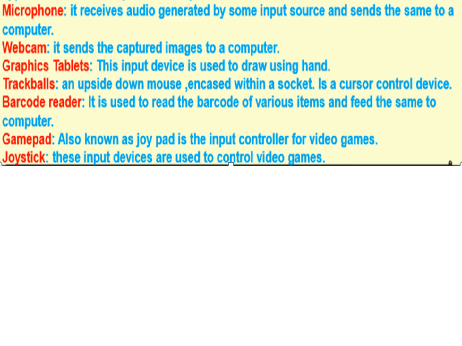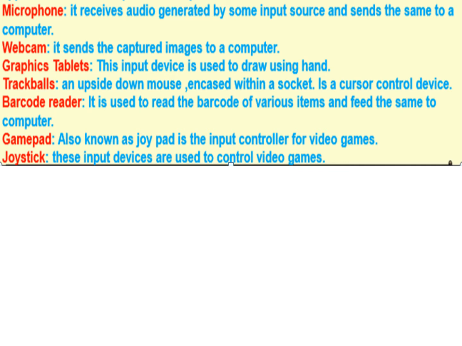You all know about this: microphone through which we speak, webcam to see an image, to capture images, graphical tablets, trackballs, barcode reader. Now what is this barcode reader? This barcode reader is used in supermarkets.